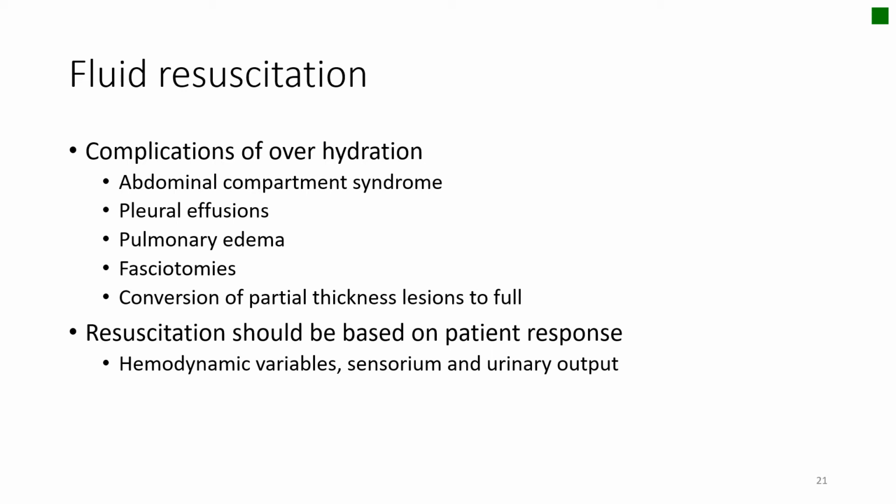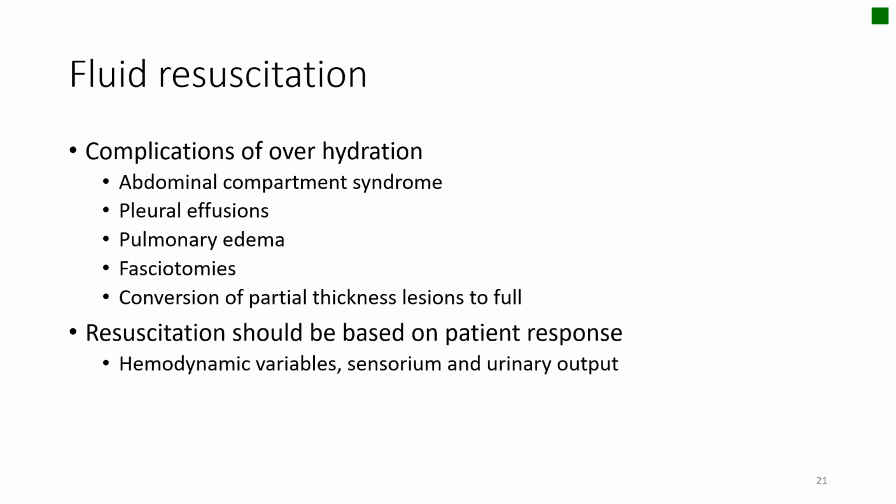Resuscitation should be based on the patient's response to the fluid resuscitation, which can be the hemodynamic stability of the patient, the level of sensorium, and the urinary output, and it's generally 0.5 to 1 ml in adults and 1 ml per kilogram per hour in children weighing less than 60 pounds.